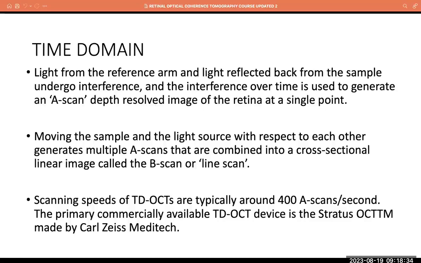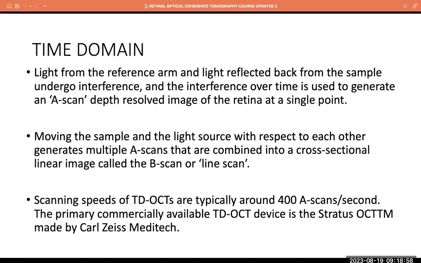So I put this time domain in just for completeness. The idea is that what I described earlier is just a time domain. What it gets is an A scan. The interference is over time, so the mirrors have to move.